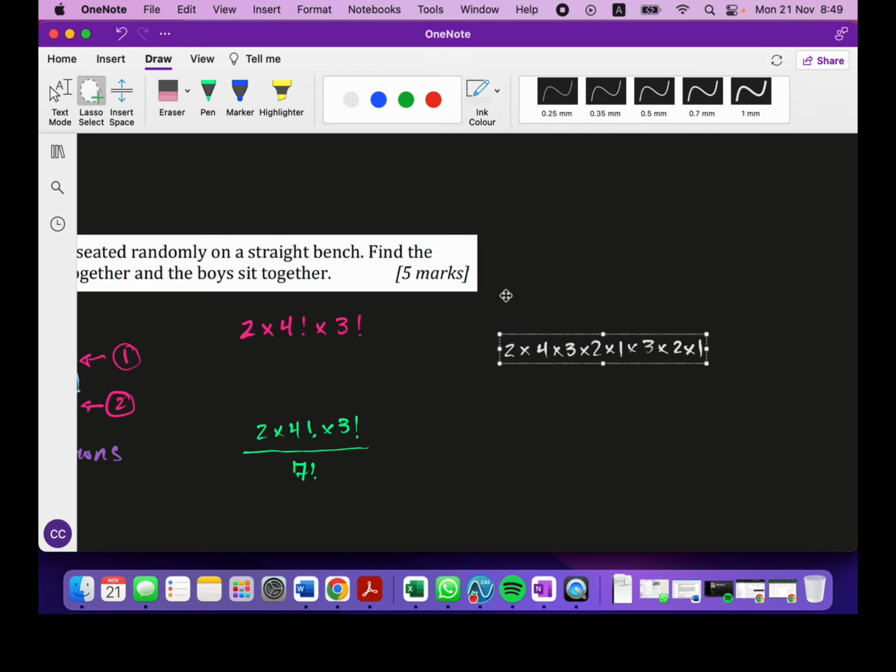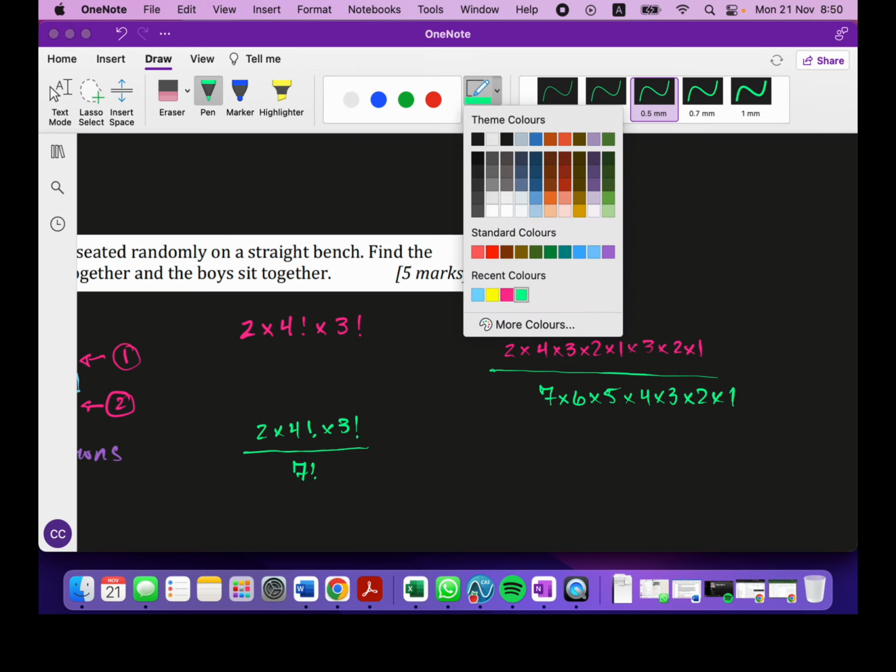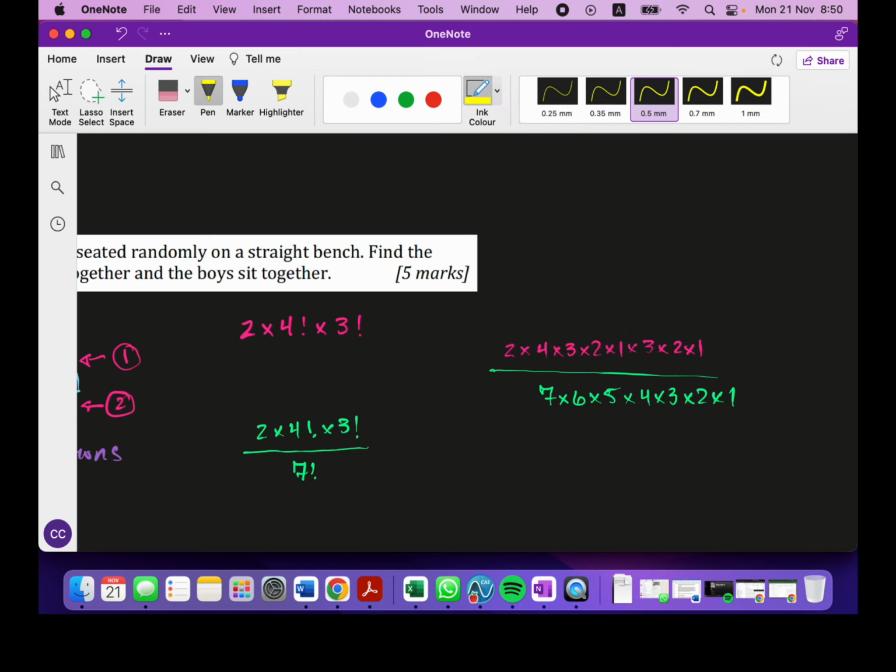So let me write this as divided by 7 times 6 times 5 times 4 times 3 times 2 times 1. All right, so now we just need to cancel. And that's why this, I guess, is a paper 1 question, because we could do this on our calculator fairly easily.